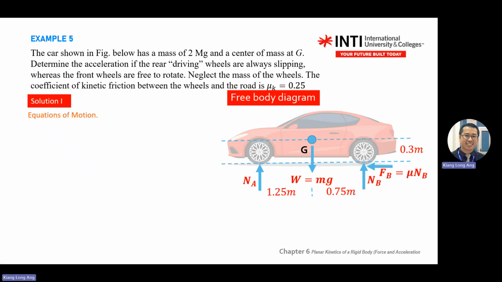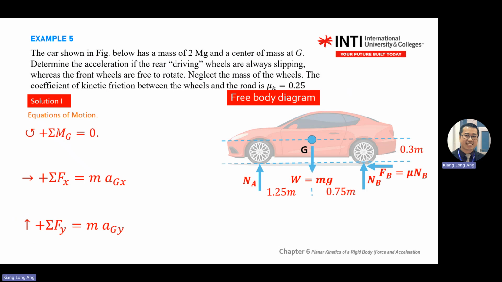Solution 1, you use the equation of motion that you learned in chapter 2. Here, center of gravity, mass, you use moment, F equal to ma. Moment at G, how many forces do you see?